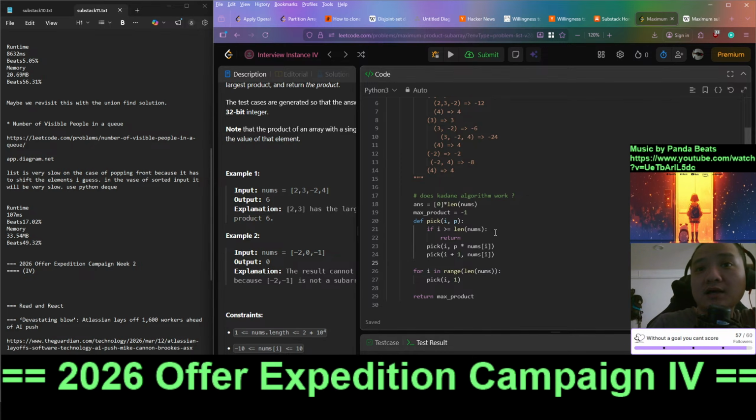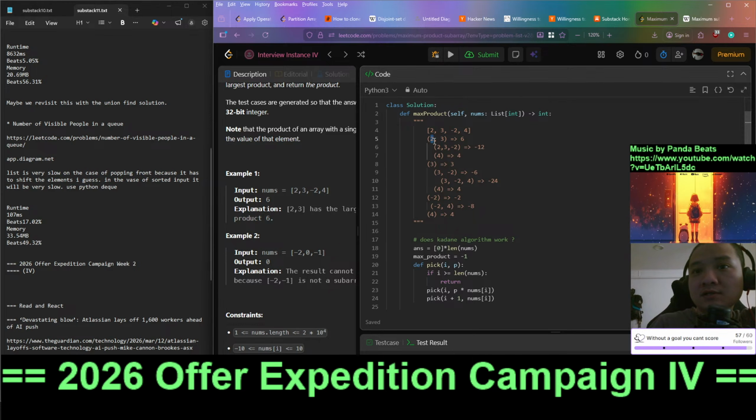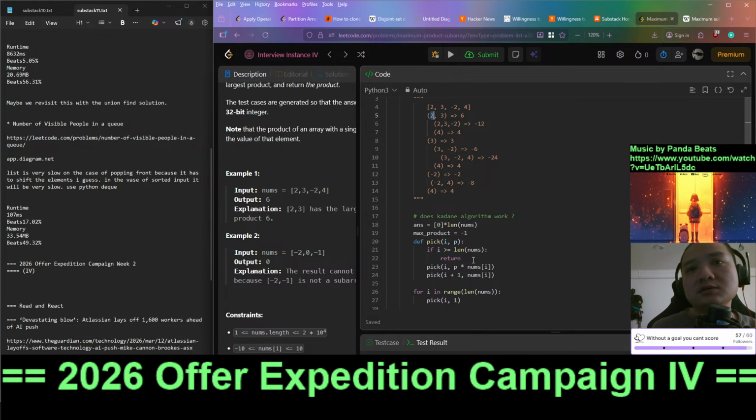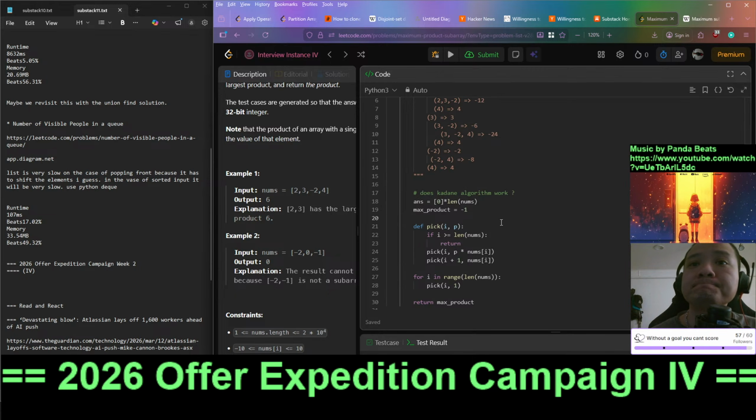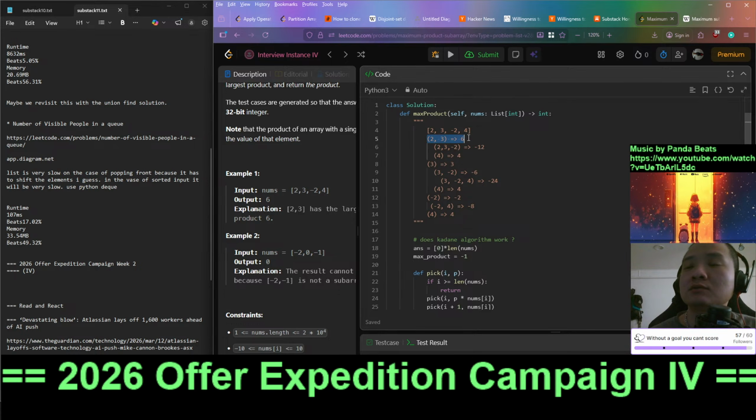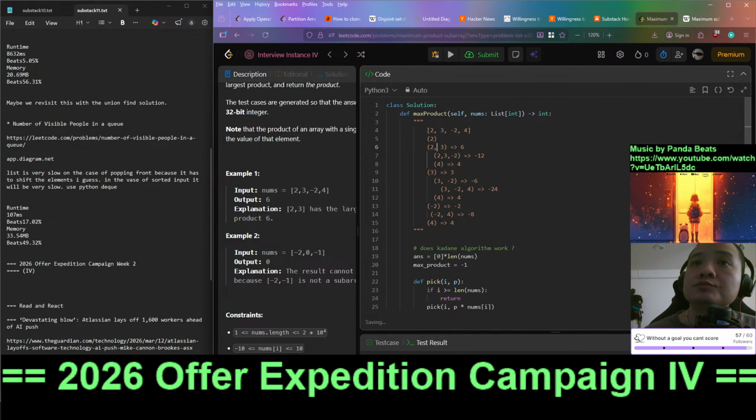So if we greater than that, so basically, right, something like that. So if we pick this, we start at 2, right? So either pick 3 or we start at 3, right? Right.